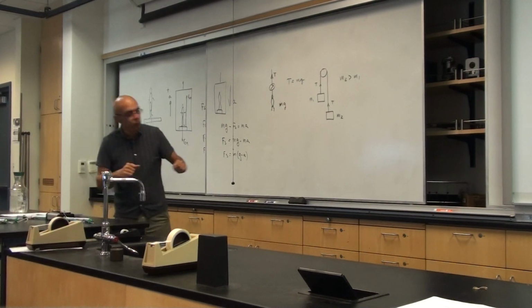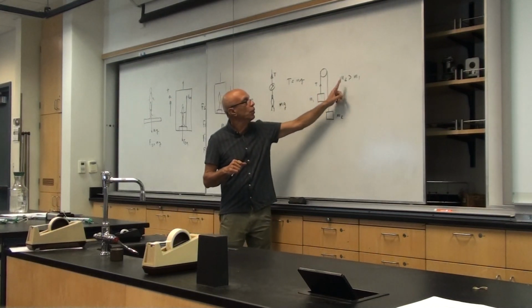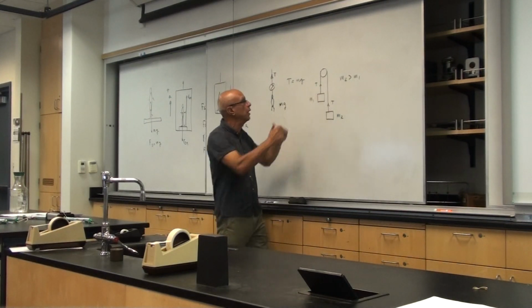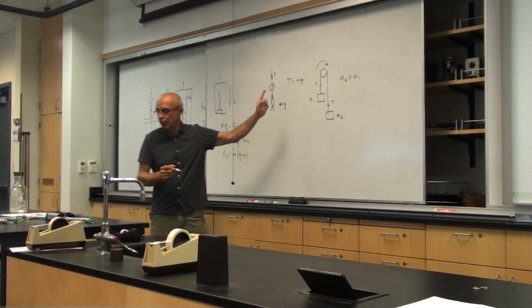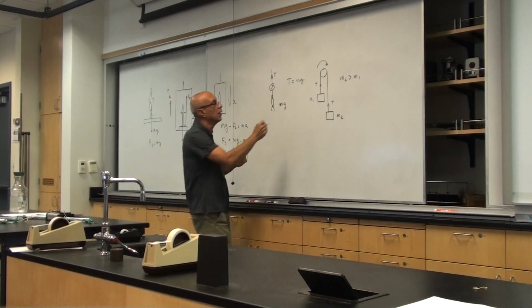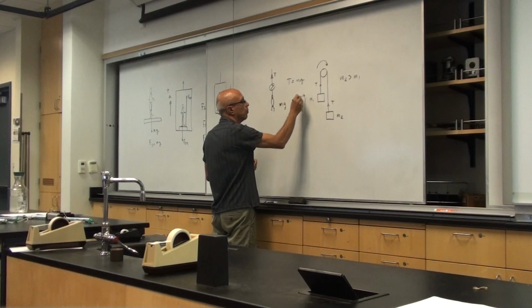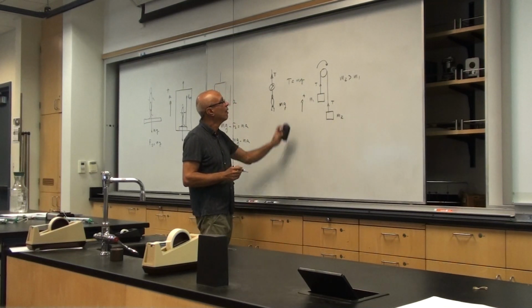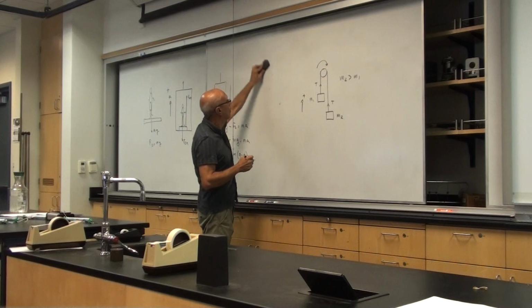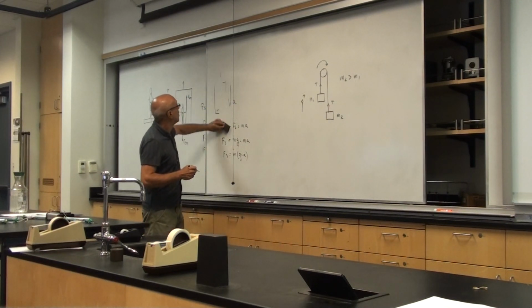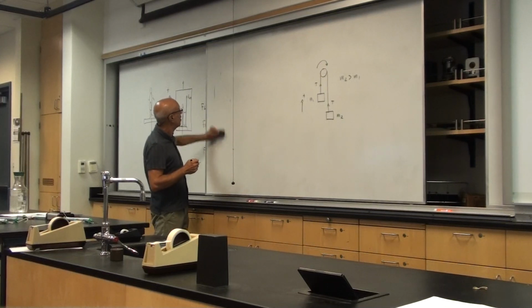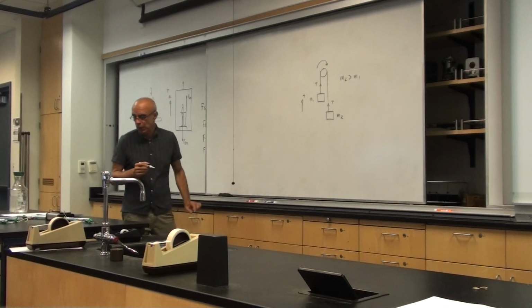So let's look at M1. Because M2 is greater than M1, this thing is going to move that way, right? So it's going to be accelerated up. So let's say up is positive. So what's going to happen?